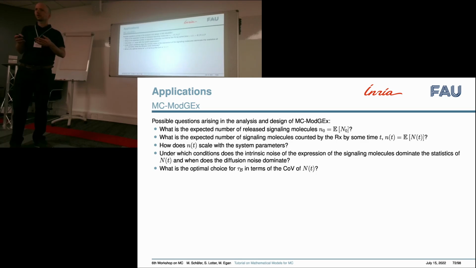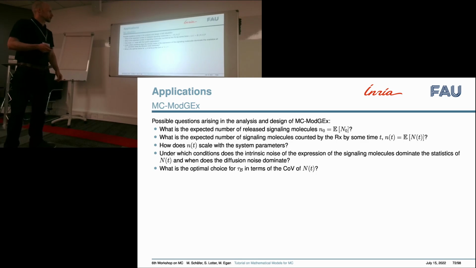Then again, we could ask a similar question for the number of molecules counted by the receiver. Given a certain number of signaling molecules released by the bacteria, what is the expected number of molecules observed after some time by the receiver?